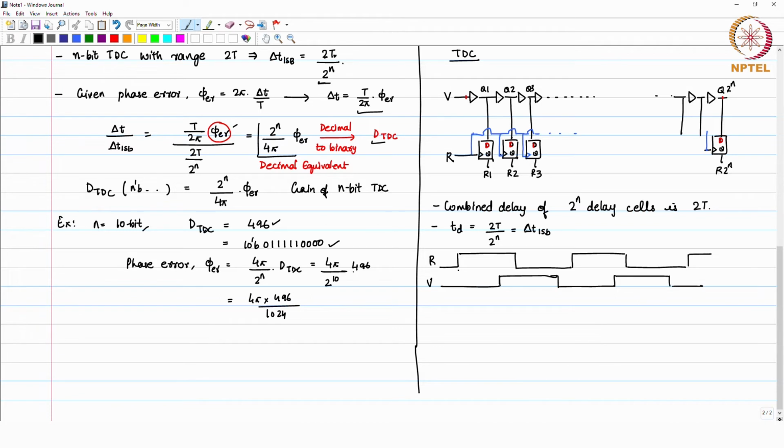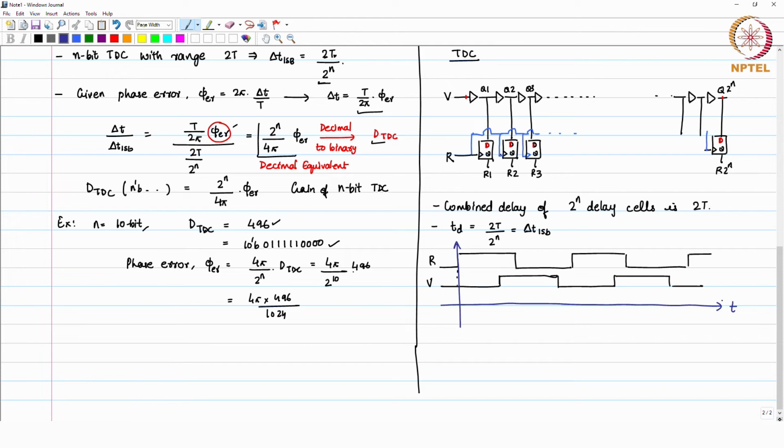This is the feedback clock. So, you feed these two signals to your circuit above with respect to time.